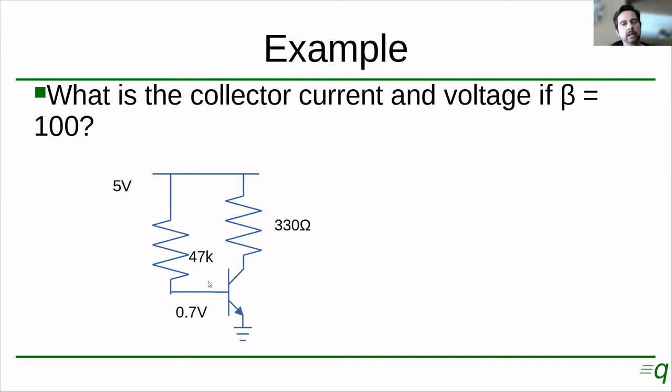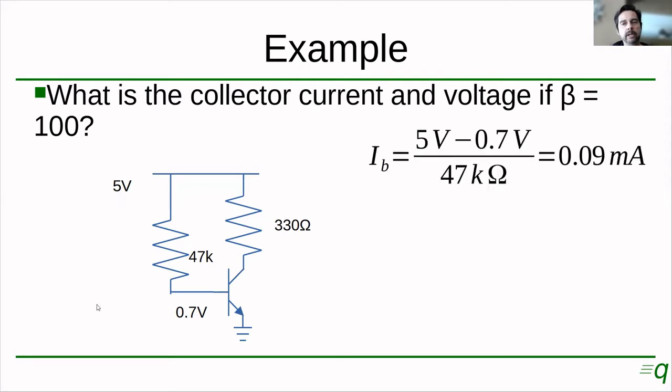So this means that if current is flowing through the base and to the emitter, the voltage at the base is going to be the same voltage we would have on a diode through which current is flowing, so about 0.7 volts. And that will allow us to calculate the current through the base.